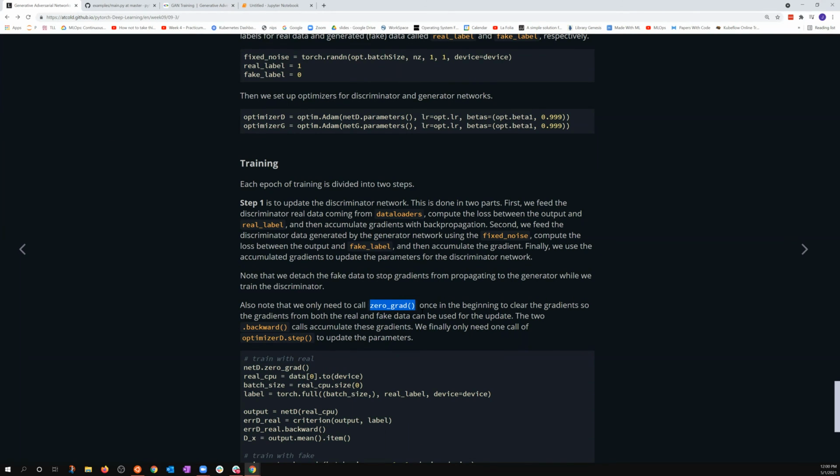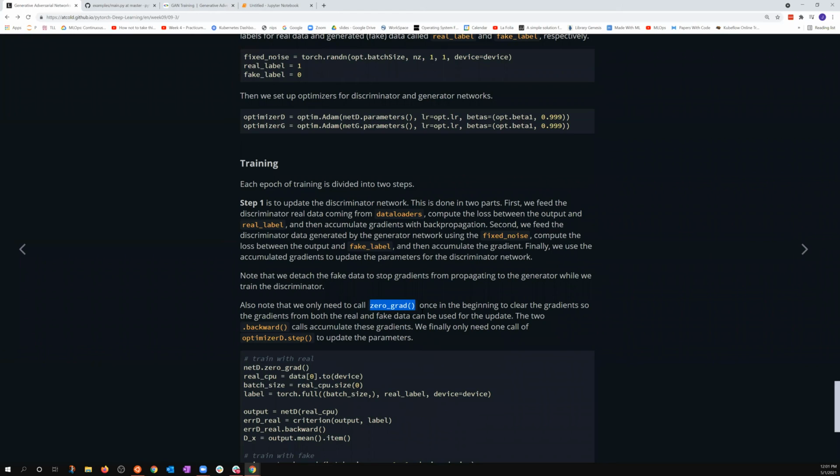It just resets the gradients. Each parameter has a dot grad attribute to it. And there the gradient information is stored. It's of the same shape as the weights, but that's gradients. And we want to reset gradients after we applied those for weight update each time.